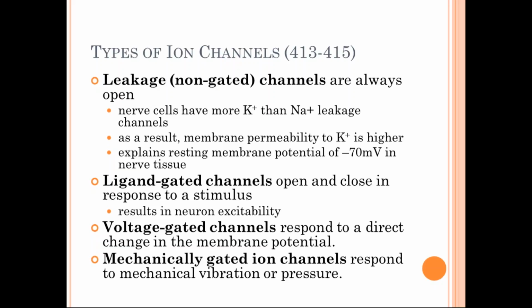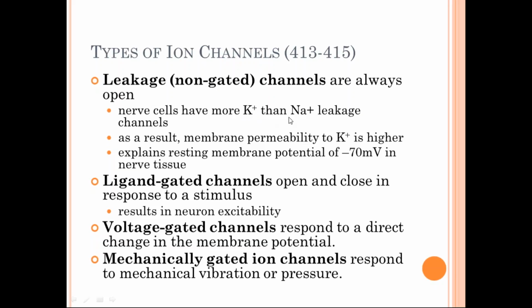So the leakage ones that don't have gates are also called open channels. They're always open, but they are still specific. If we look at a nerve cell membrane, you would have more potassium leakage channels than sodium leakage channels. In other words, sodium's always leaking into your cell, and potassium's always leaking out of your cell through these specific channels that are always open.